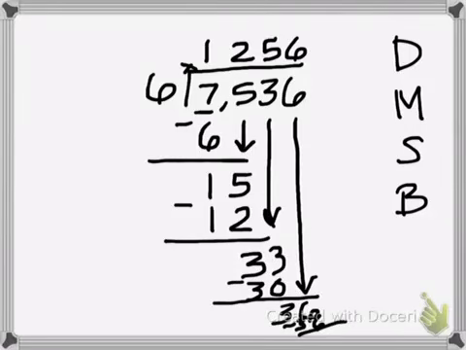And that would leave you with 0. So my final answer, my quotient for 7,536 divided by 6 is 1,256.